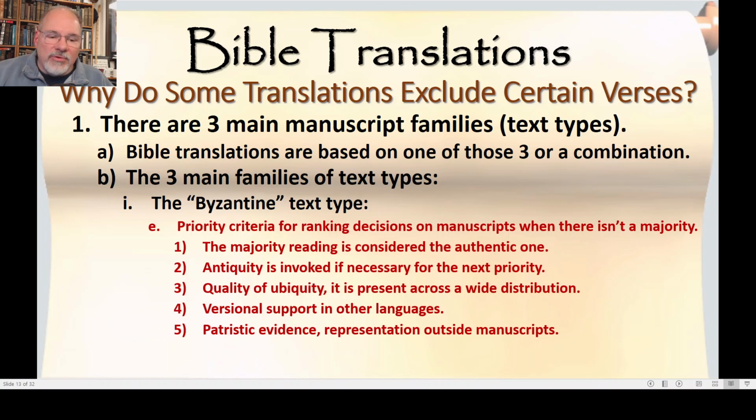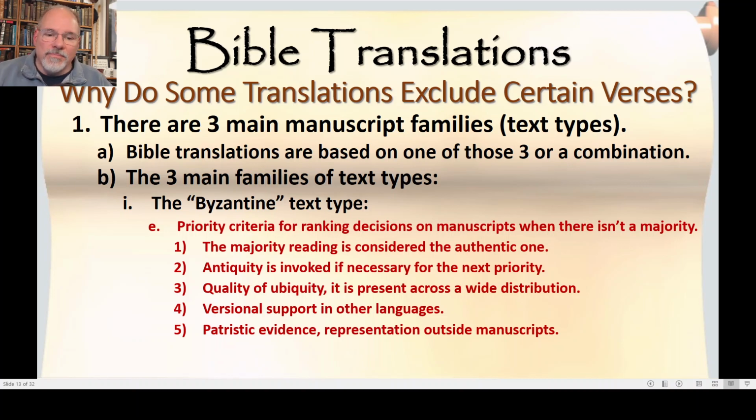If that couldn't help you, then you'd go to the patristic evidence, which is the early church fathers, and that's representation outside of actual manuscripts. In other words, the early church fathers, in the first couple of centuries, had their Bible lessons and wrote their papers and commentaries and everything else, and they would quote verses.